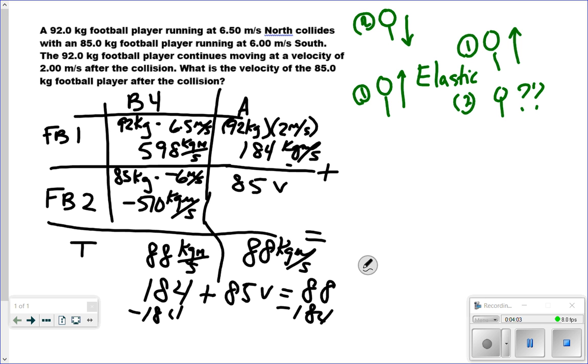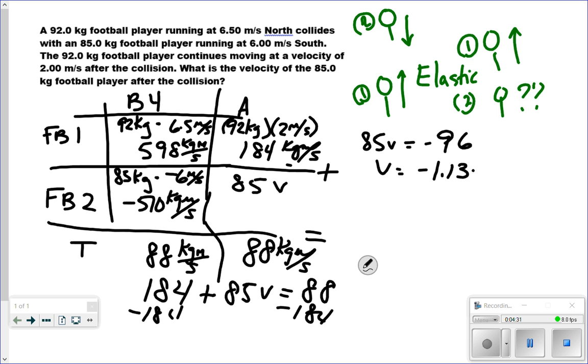I am almost out of room, so I'll have to go to the other side a little bit. So we've got 184 plus 85v equals 88. We're going to subtract the 184 from both sides and then do a little bit of math.